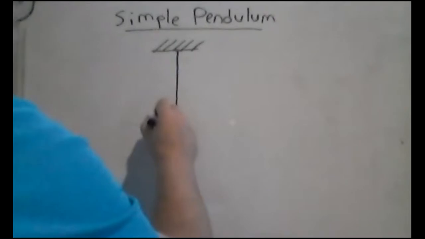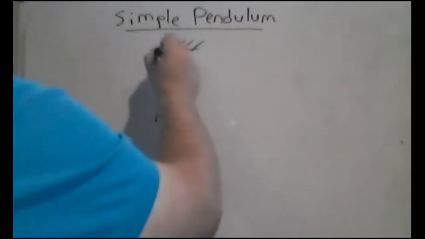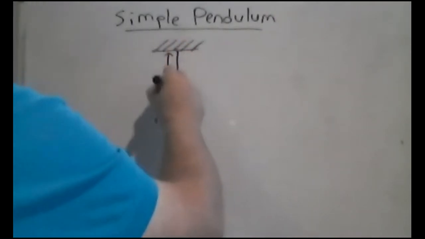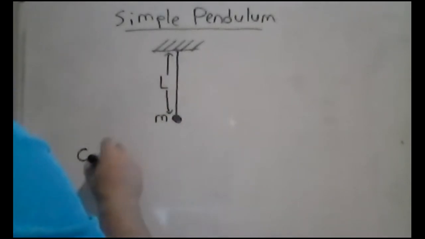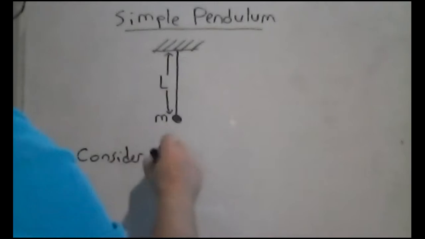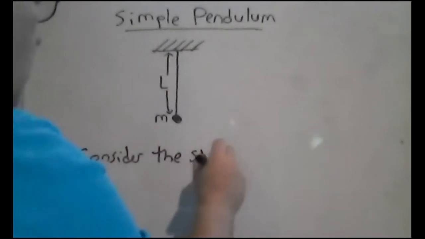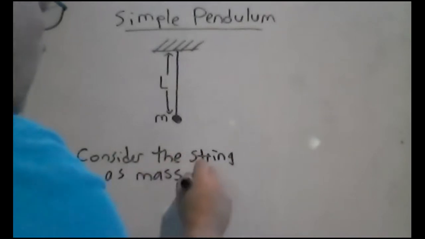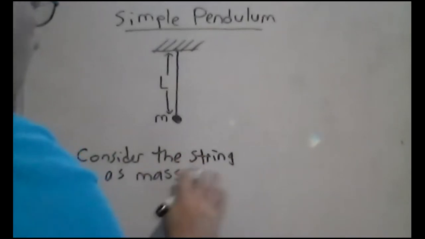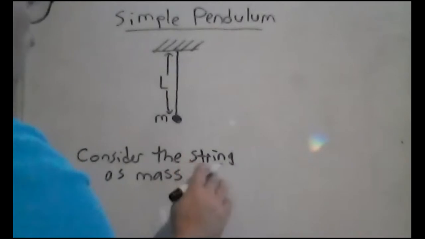We'll have a pendulum with a bob of mass M. There's a string of length L. We consider the string as massless. That means that the center of mass of the system is the center of the bob.